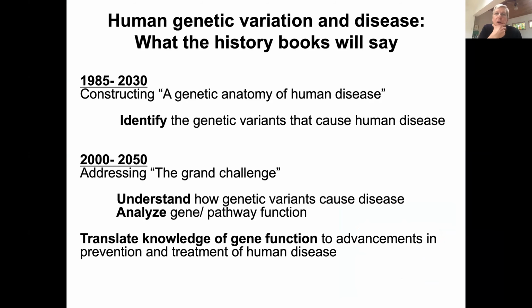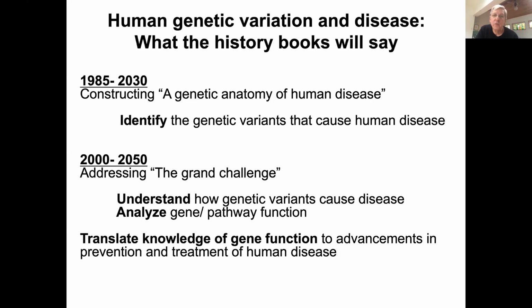So I think, as we all are aware, what the history books are going to show is that from sort of 1985 till, let's say, 2030, there's been this international effort to construct the genetic anatomy of human disease. That is, probably within the next 10 years or so, the scientific community will have essentially identified all of the genetic variants that cause human disease, or nearly all.